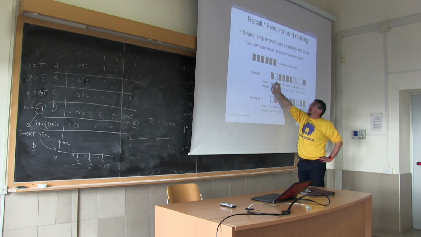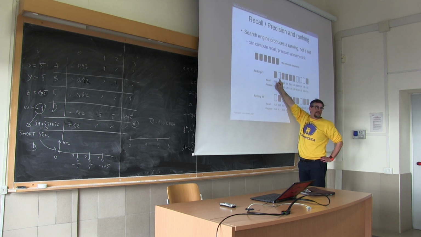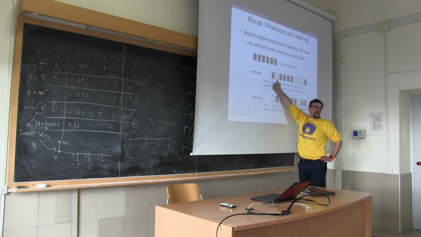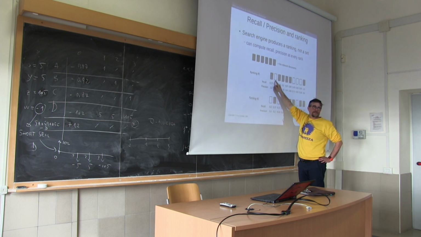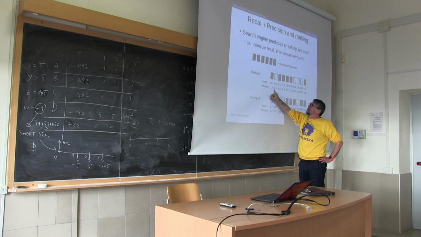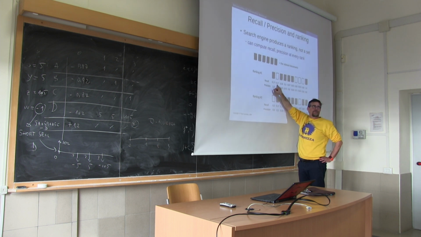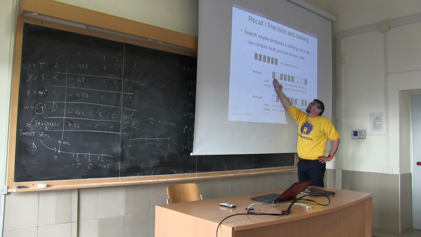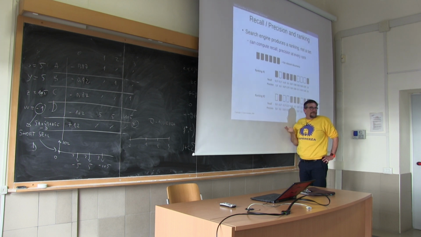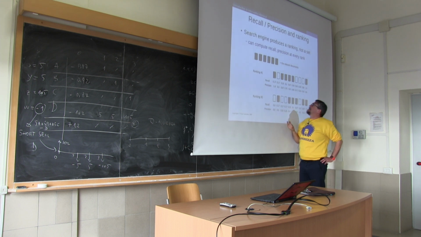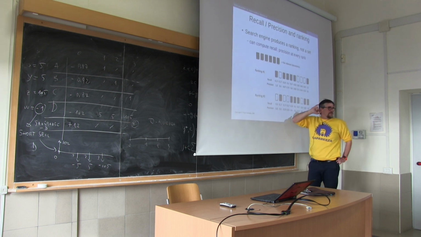Why? Because among the two, one is relevant, the other is not relevant. Recall didn't change. Why? Because the relevant document is as before, nothing changed. And so on and so forth.